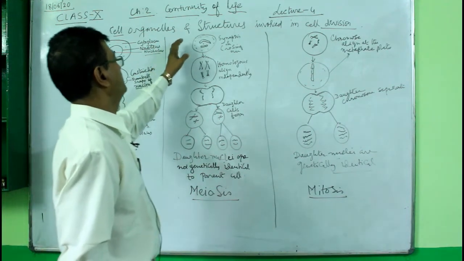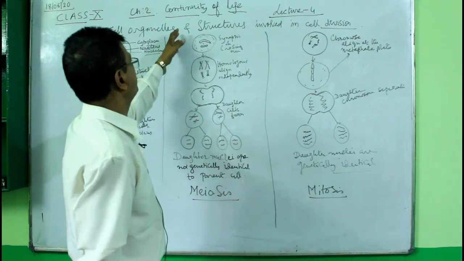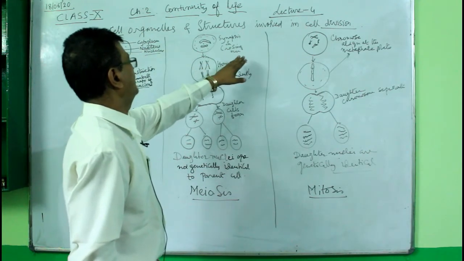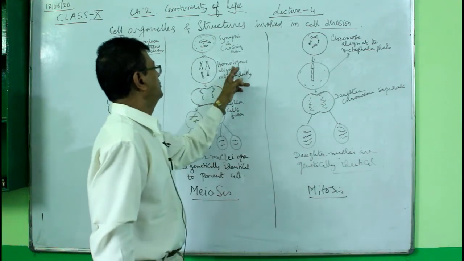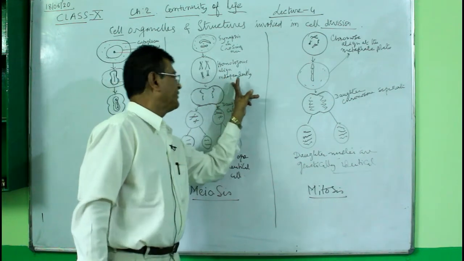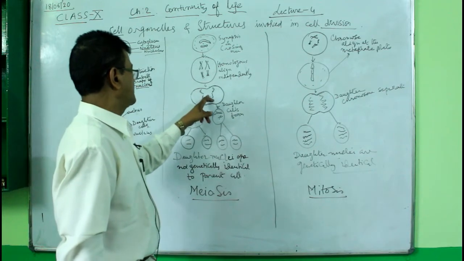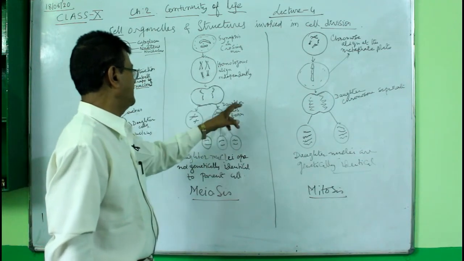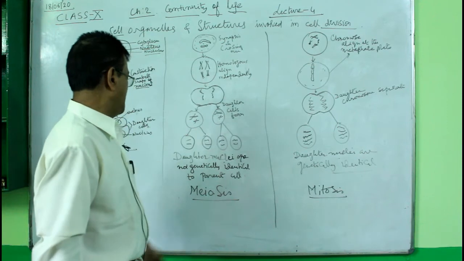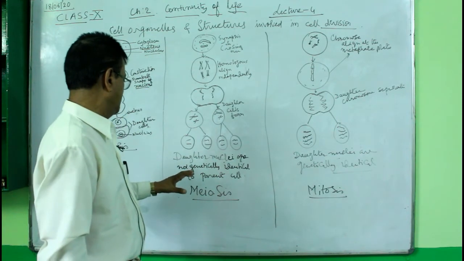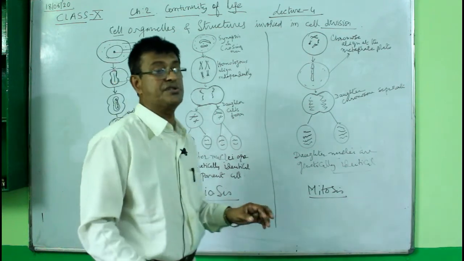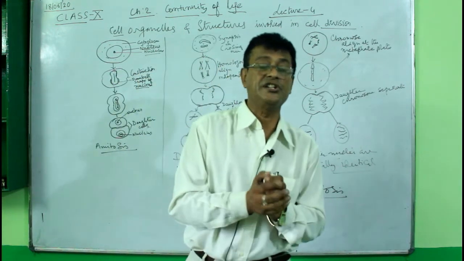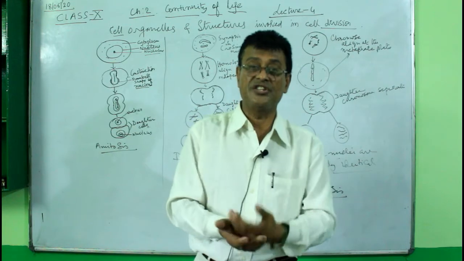Here you see in meiosis, the synapsis and the crossing over of the chromosomes go, the homologous alignment is there, and then finally the separation of the chromosomes, and then daughter cells form. In the daughter cells, they are not genetically identical to the parent cell, because in meiosis the hereditary character is definitely changed.